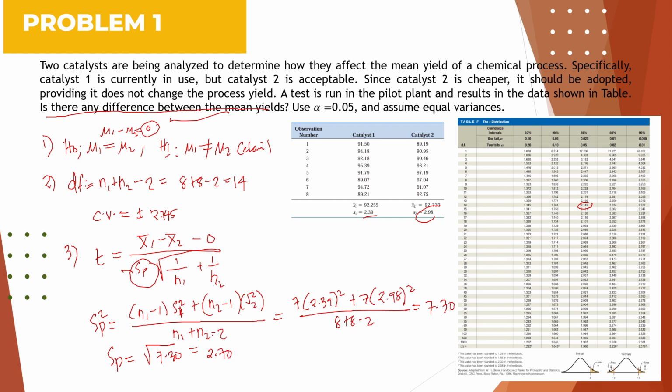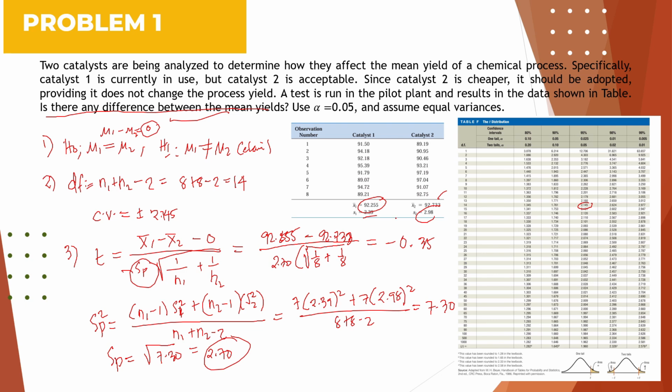So we have now computed the pooled standard deviation. Immediately solving: 92.255 given, minus 92.733, over 2.70 times the square root of 1 over 8 plus 1 over 8. Using our calculator, we have negative 0.35.